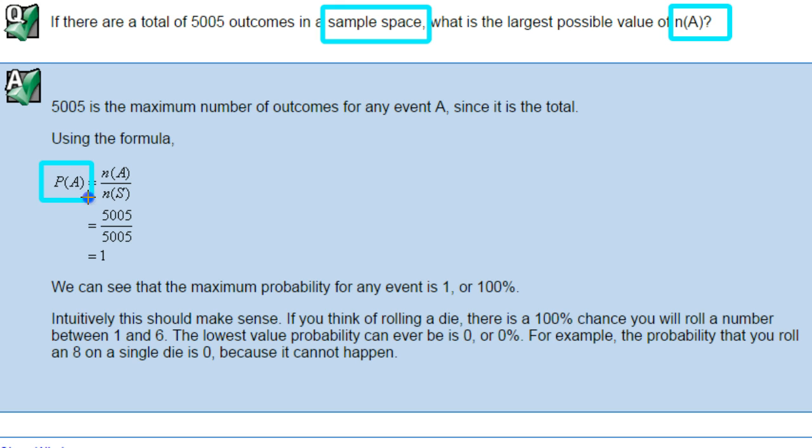The probability of event A happening is equal to the number of ways that event A can happen divided by the total number of outcomes for that sample space. In this case, all 5,005 of these outcomes could be event A. So 5,005 divided by 5,005 is equal to 1. So the maximum probability should be 1, or another way of thinking about it is 100% all the time.